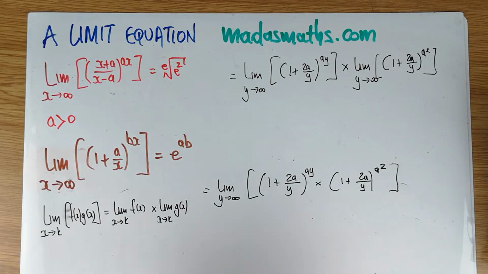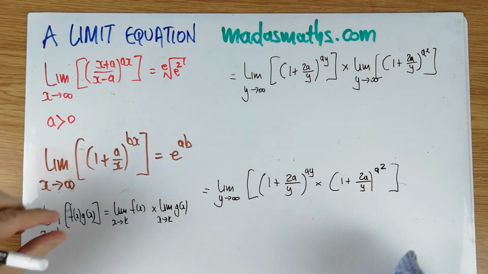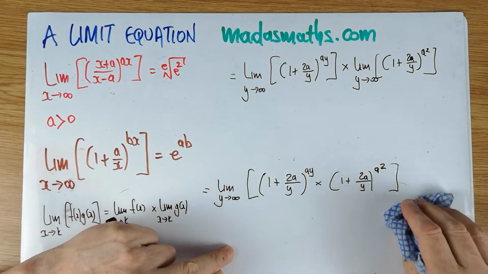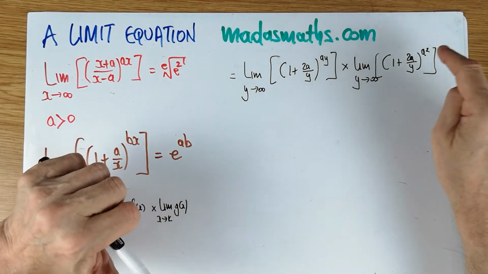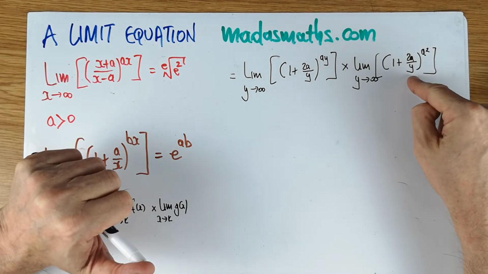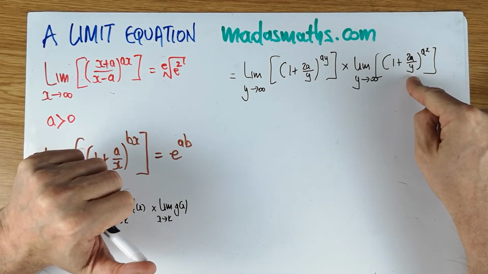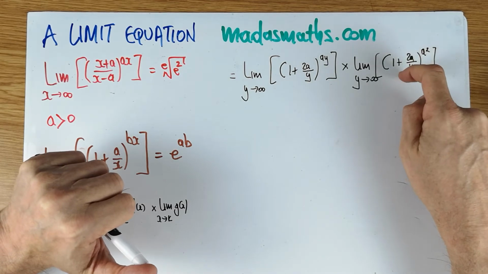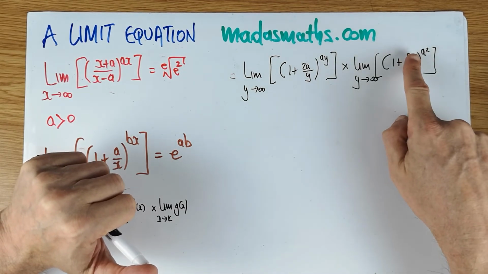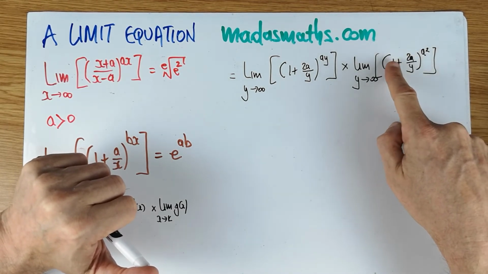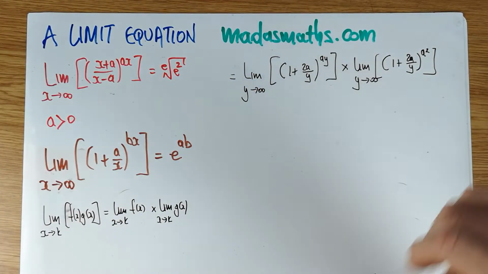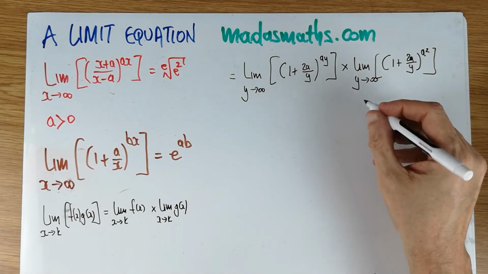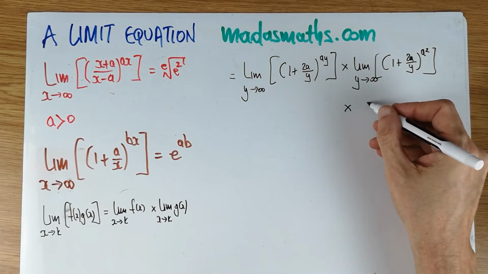I think this limit is very easy. It's nothing complicated. What happens as y goes to infinity? A is finite, so if y gets very large and positive, this quantity here will limit to 0, it will vanish. So we have 1 to a squared, 1 to some finite quantity like a squared is of course 1. So this is now times 1.